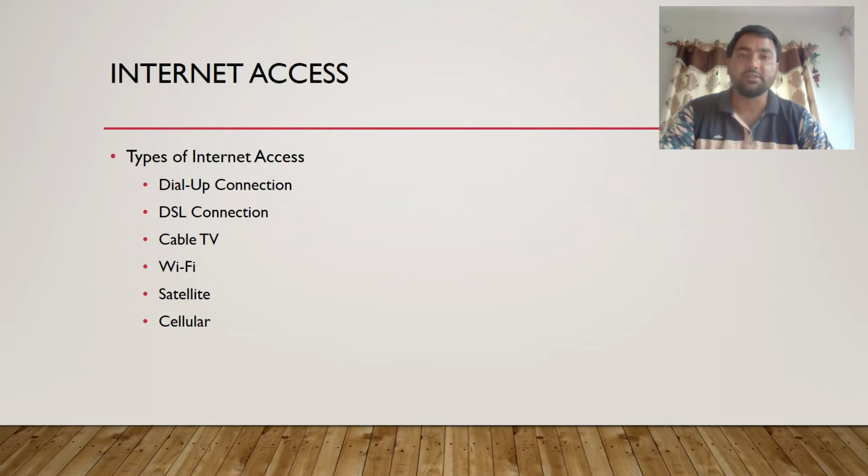Then comes cellular. Cellular network is an internet connectivity mode that works through your mobile phone connectivity. You are using mobile phones, and through that mobile network, you have access to the internet.